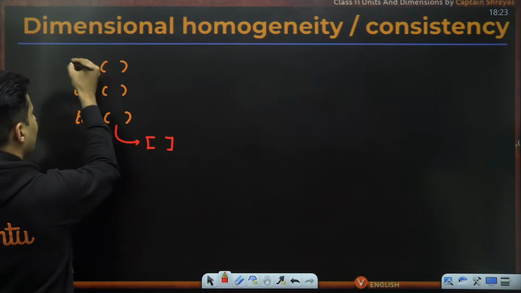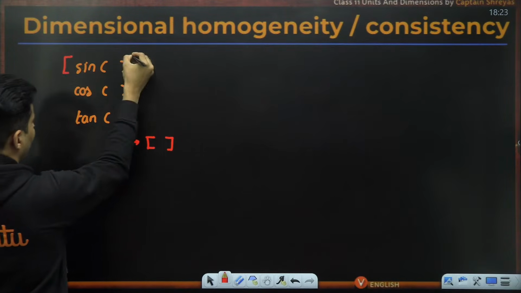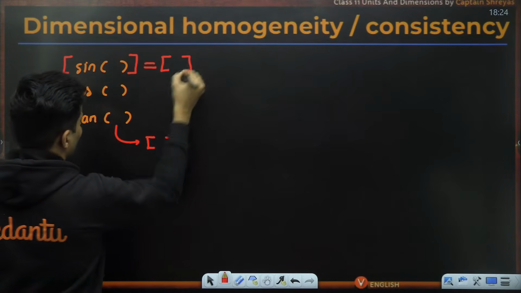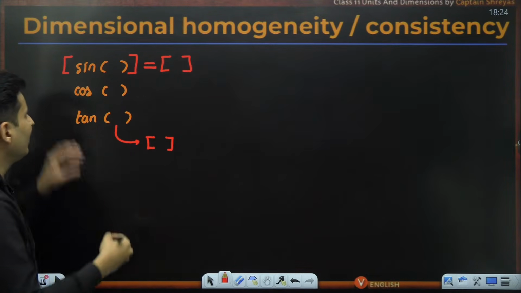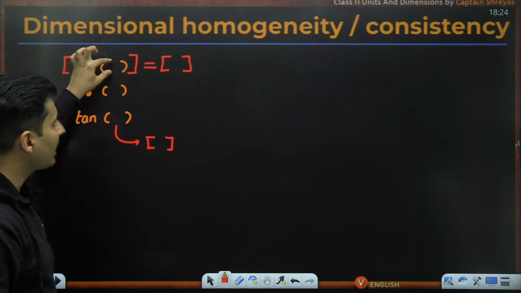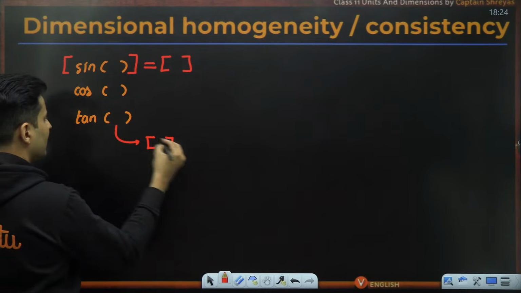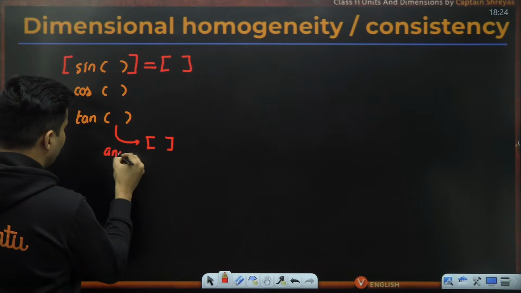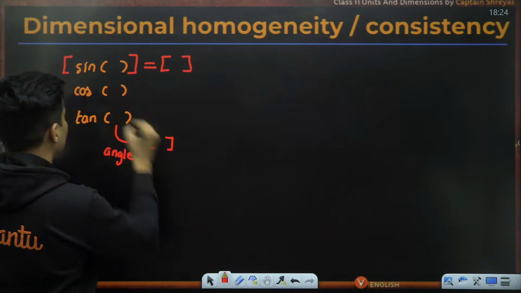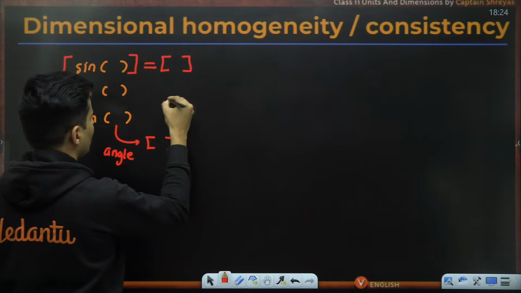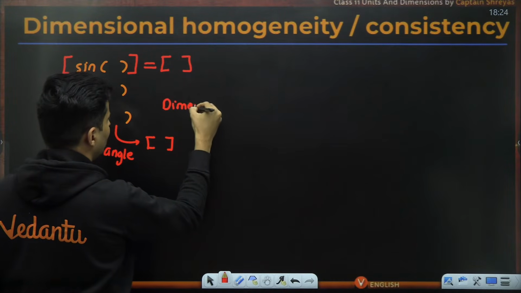Not just that, even the dimension of this entire thing is nothing. Whatever is inside is an angle, and angle is a dimensionless quantity, right? Angle has no dimensions. Even the trigonometric value has no dimensions. So they are all dimensionless.